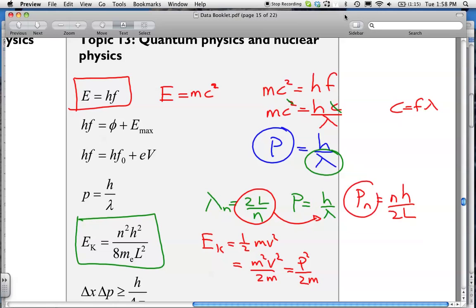And then substituting this momentum in for that p, we get a formula En, because it's dependent on this natural number. We're going to get n squared h squared over 4L squared, and then we're still left with the 2m here. So finally, when we put that all together, we get n squared h squared over 8mL squared, because we're dealing with an electron.